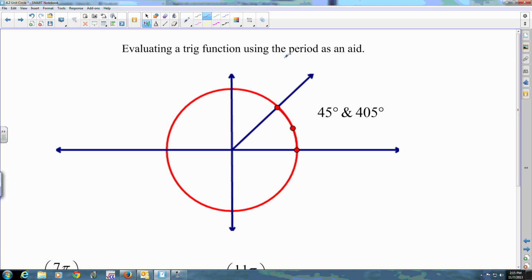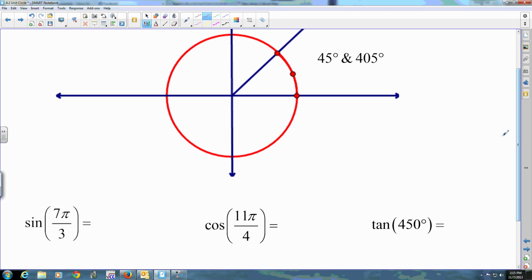Evaluating a trig function using the period as an aid. Period is how often a function repeats. Every 360 degrees, your answers will start to repeat. Every full circle they repeat, and 360 is the same as 2 pi. This one's in radians. 2 pi is a full circle, all the way around. Dealing with thirds, 6 pi over 3 is a full circle.